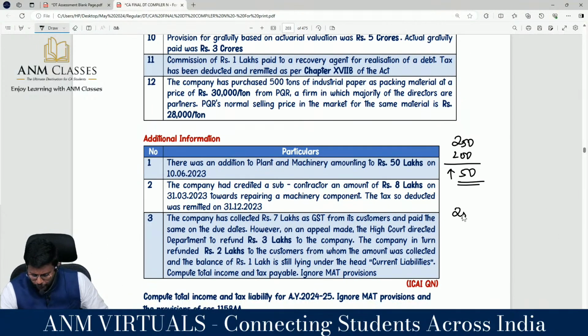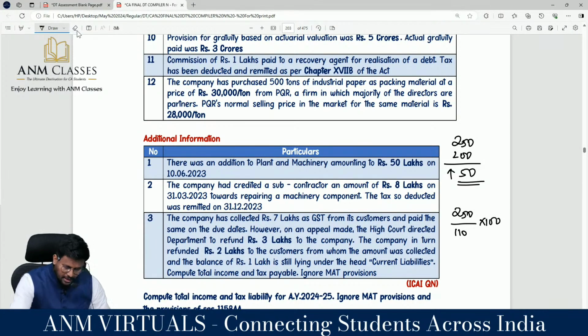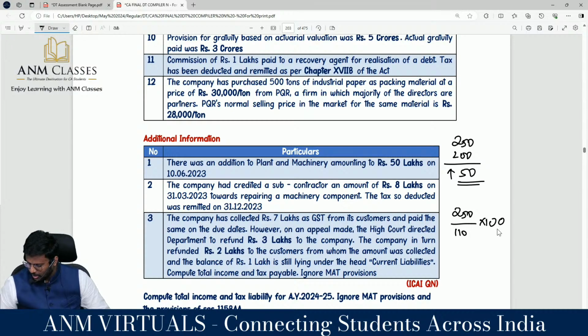உங்களுக்கு வேணும்னா 250 divided by 110 into 10 அப்படின்னு போடுங்க. ஏன்னா 100% இருக்க வேண்டியது 10% அதிகமா இருக்கு. அப்ப 250 divided by 110 into 10 போட்டேன்னா எவ்வளவு வருது? 22.72 lakhs. இதே ஓப்பனிங் ஸ்டாக்ல 200 divided by 110 into 10 போட்டேன்னா எவ்வளவு வருது? 18.18. 22.72 minus 18.18 na 4.54.